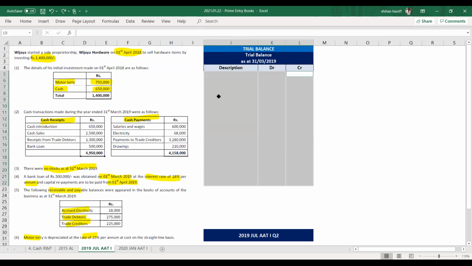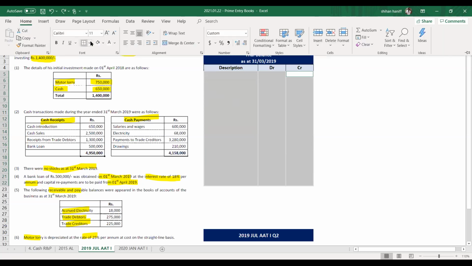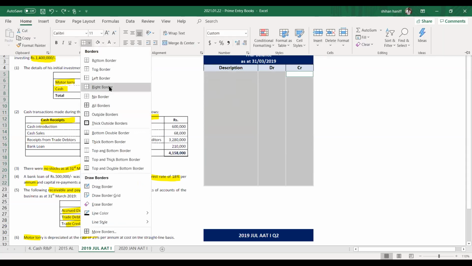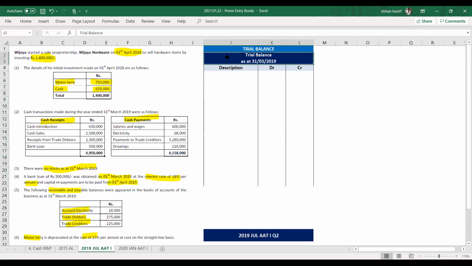Draw a trial balance. Better to write the full name. This is Vijay Hardware.